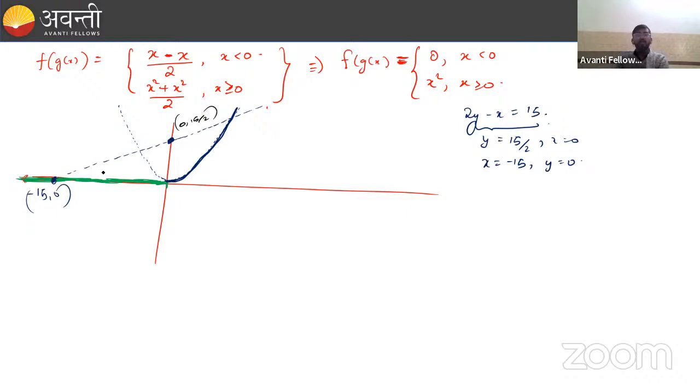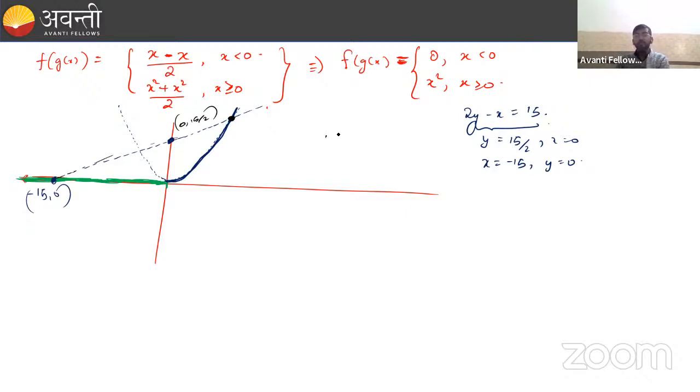We have to find the area bounded by this particular figure: this green line, this dotted line, and this parabola x square on the positive side. So we need to find the point of intersection. I will substitute the value of y in x square.